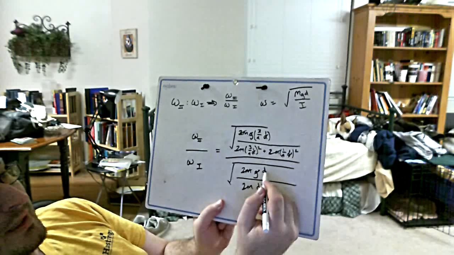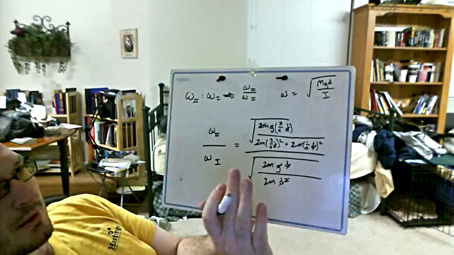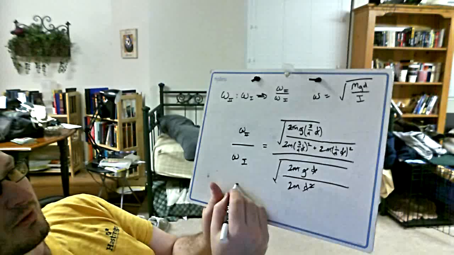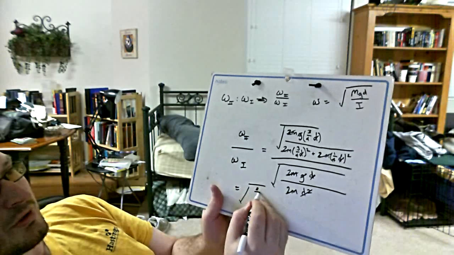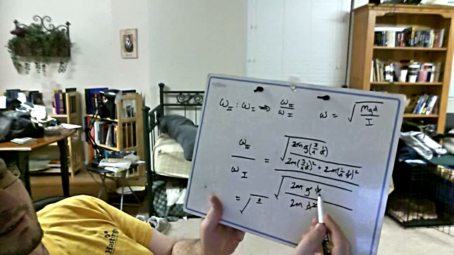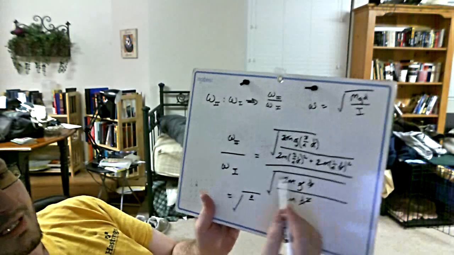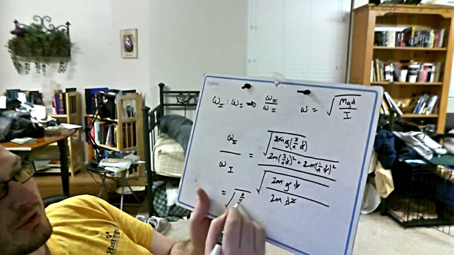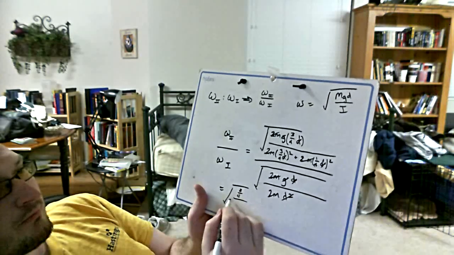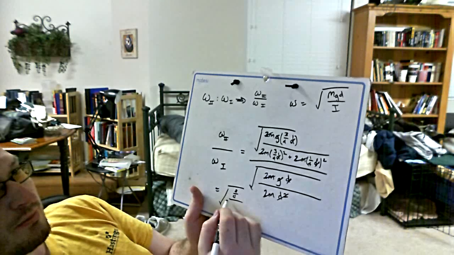So you just get under the square root sign 3/4, and this is just 1, because everything canceled out of the bottom. So you get 3/4 divided by 3/4 squared plus 1/4 squared.